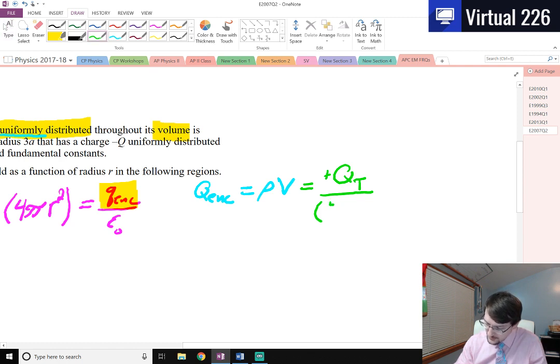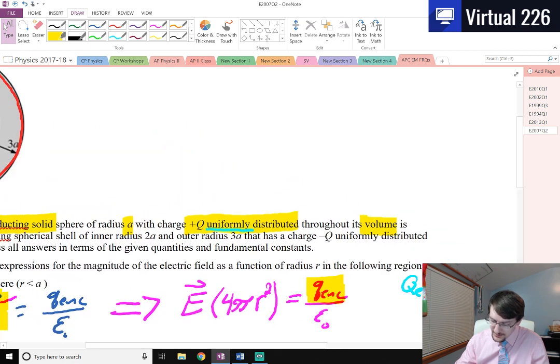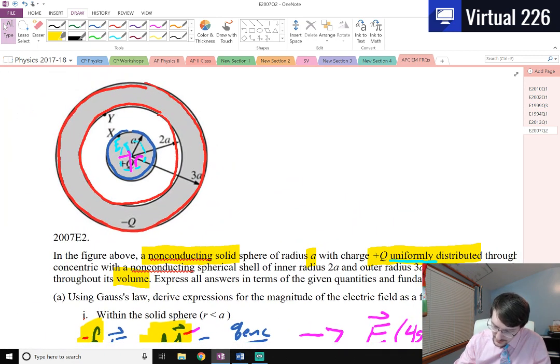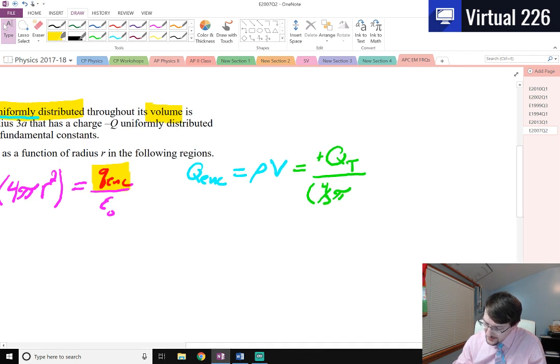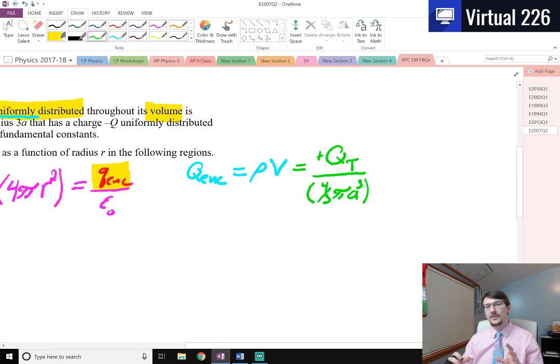That is 4/3 pi, and the radius of that inner sphere they gave to us in terms of a. So it's 4/3 pi a cubed. So what we've got is the total charge divided by total volume. That's a density, just like you could say mass divided by volume. We're just saying charge divided by volume.